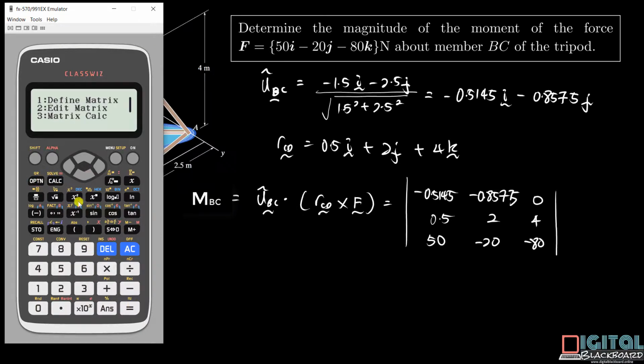And then we move on to compute the determinant, option 2 of our matrix A. And that gives us minus 164.64, which is about minus 165.